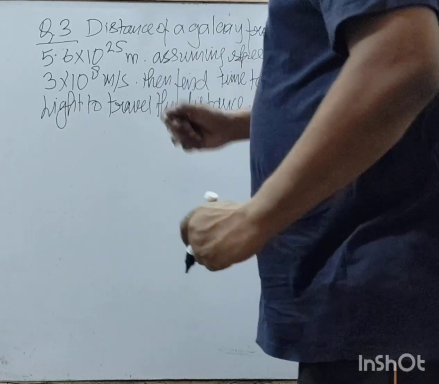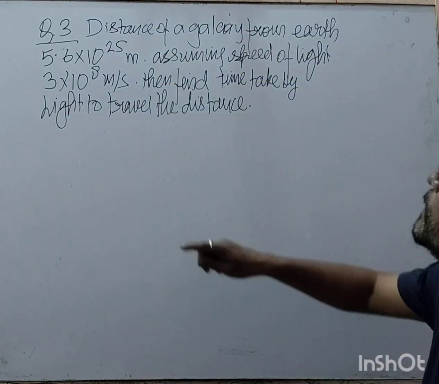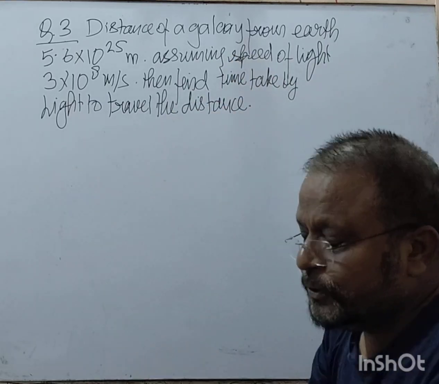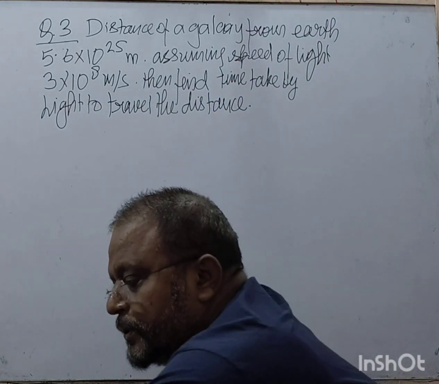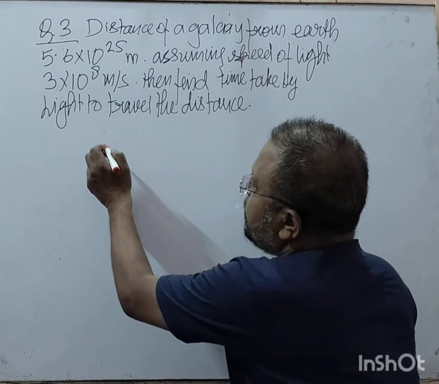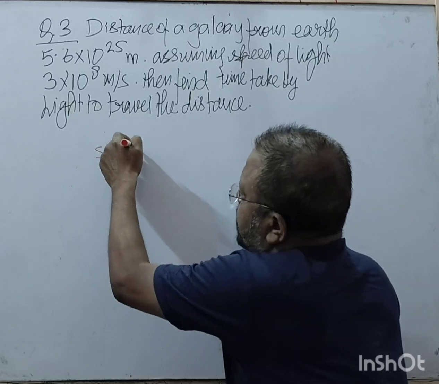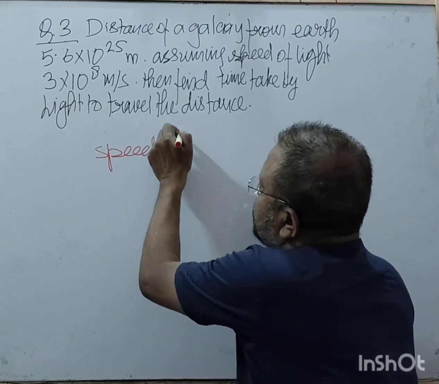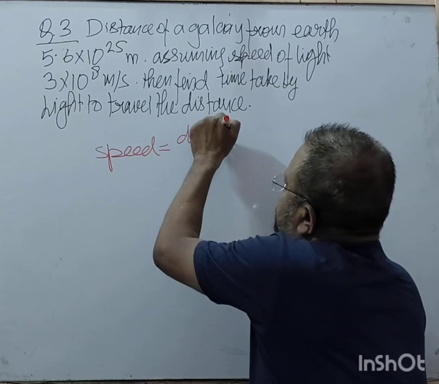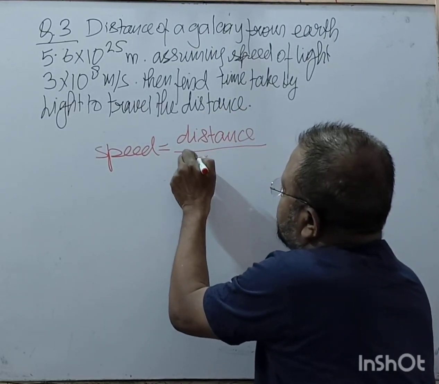Okay, so the distance of a galaxy is given, right? You know the distance and you know the speed. So we have a formula: speed is equal to distance upon time.